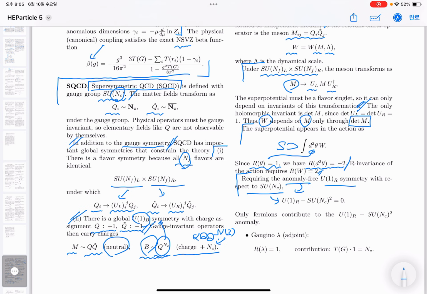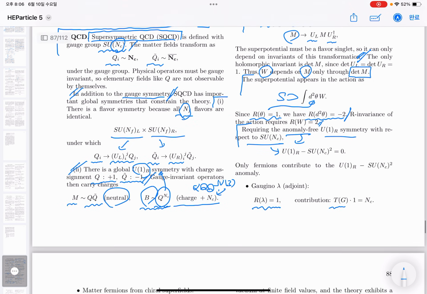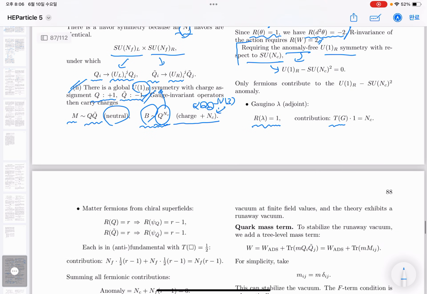So for example, the gauginos, in the adjoint representation, have R charges of 1. So this contribution is 1 times some fundamental group theory quantity, so this gives NC.